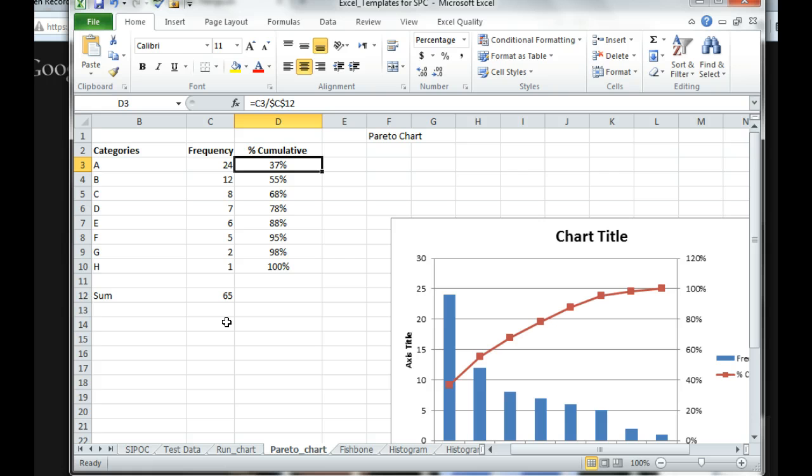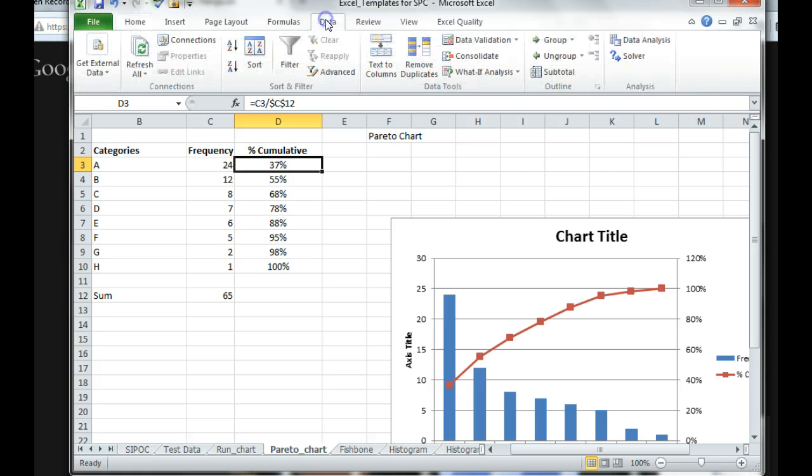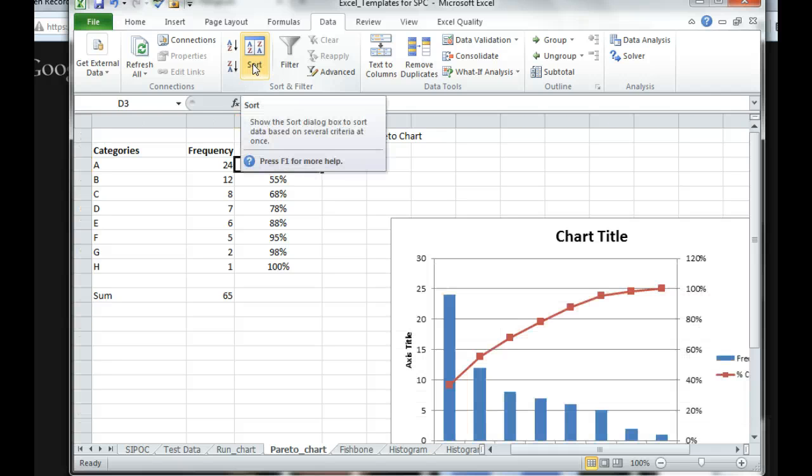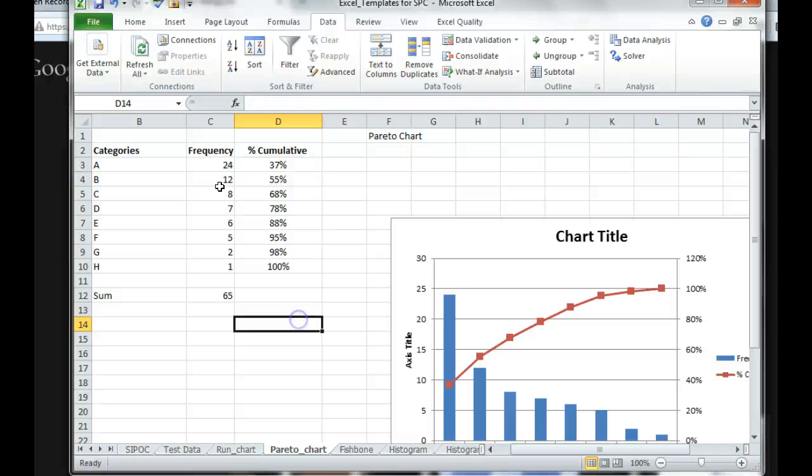If your data is not in order, you can always go to the data at the top here and sort it from highest to lowest, and then also calculate the cumulative percentage. To get the cumulative percentage, this item is equal to 24 divided by 65 times 100, and so you get the cumulative percentage.